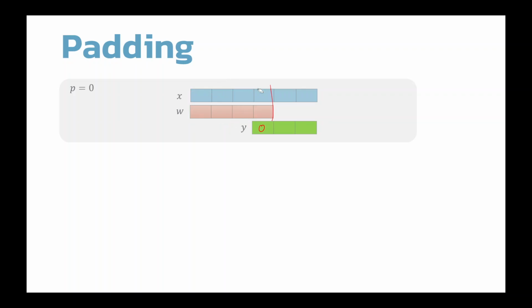And when you slide w one step, then you have another position here. And then w can also slide to this position in order to end up with y at position 2. So if you don't do any padding, meaning the original way, your y is going to end up with just 3 elements, which is not too convenient, because now your y is actually smaller than x. So this is a different size. That's something that we want to fix, and we want some more flexibility.